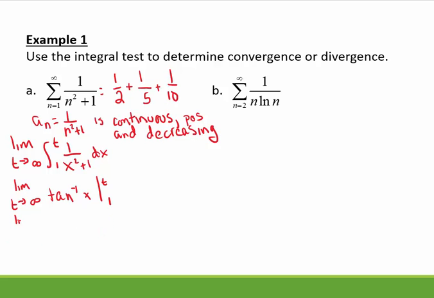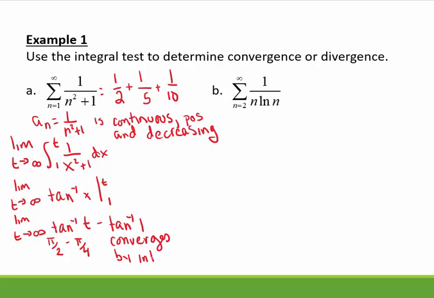So I have the limit as t goes to infinity of inverse tangent of t minus inverse tangent of 1. As I go to infinity, this value goes to pi over 2. This value is pi over 4. So this converges by our integral test.